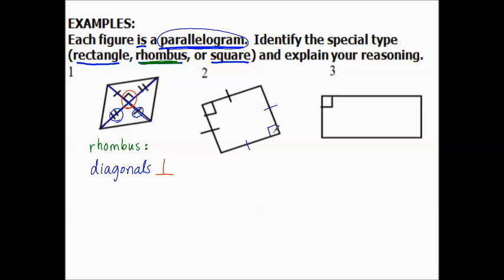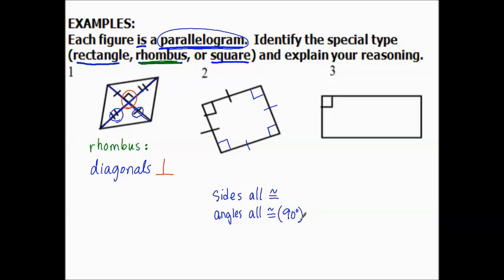Then if the angles next to each other are supposed to add up to 180 and this one's 90, this one also should be 90. Similarly, this one will be 90. So because it's a parallelogram, I was able to fill in all of those things. Now I ask myself, what do I see in the picture? I see that the sides are all congruent and the angles are all congruent, or I can say they're all 90 degrees.